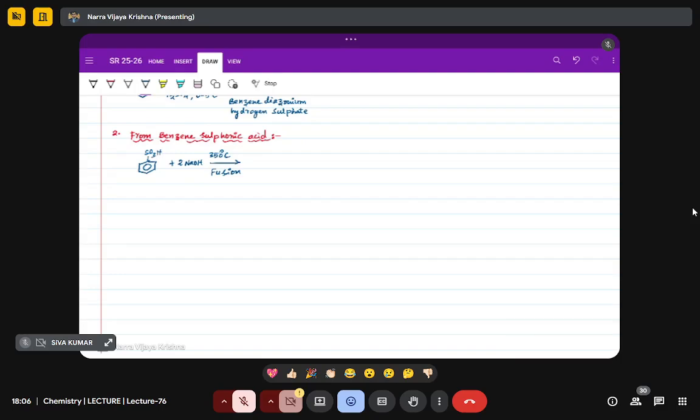Next, from salicylic acid, third reaction. See this one?